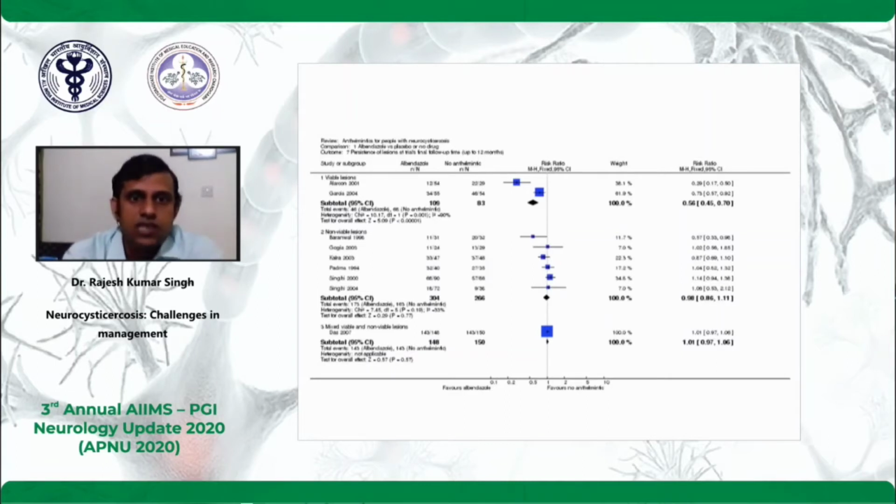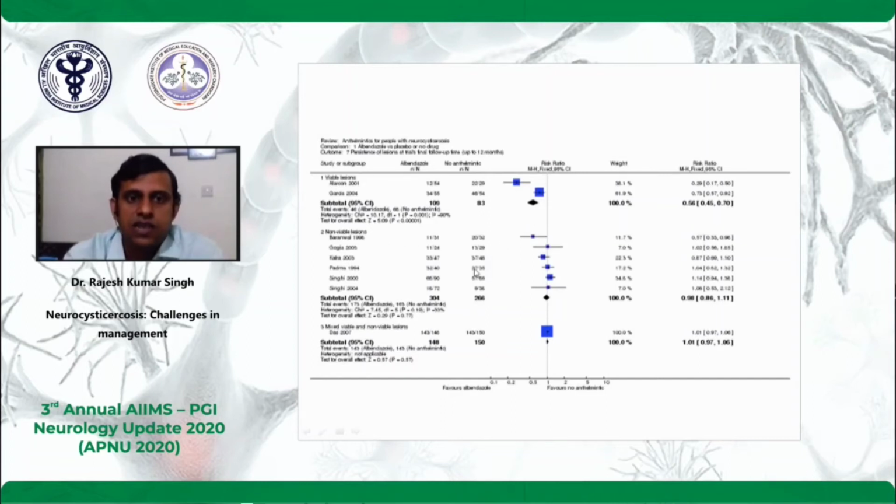We can see it is for viable lesions and for non-viable lesions. For viable lesions, the diamond favors albendazole. It is not crossing the line of no effect, and the risk ratio is 0.56, not crossing 1, so it is statistically significant. So for viable lesions, albendazole has a definite role in early resolution of the cystic lesion.